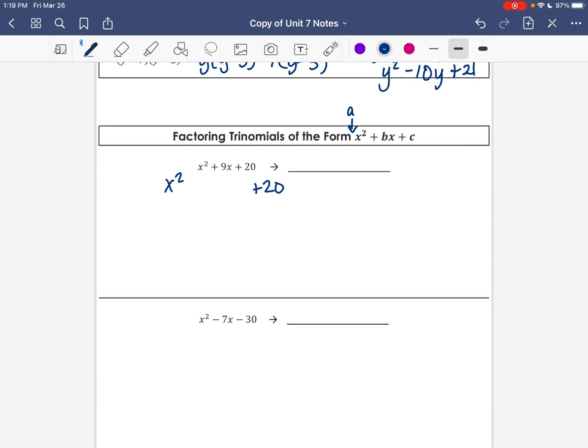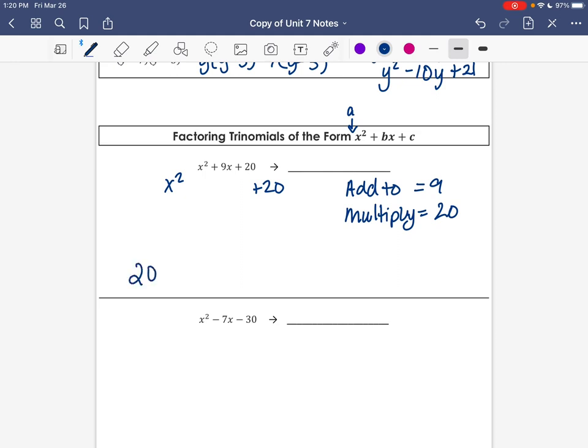So you have to think of things that add to equal 9 and multiply to equal 20. Okay, so if we multiply them together, they have to equal 20, but if you add them together, they have to equal 9. There are a few things that could equal 20, so that's what you have to think about.